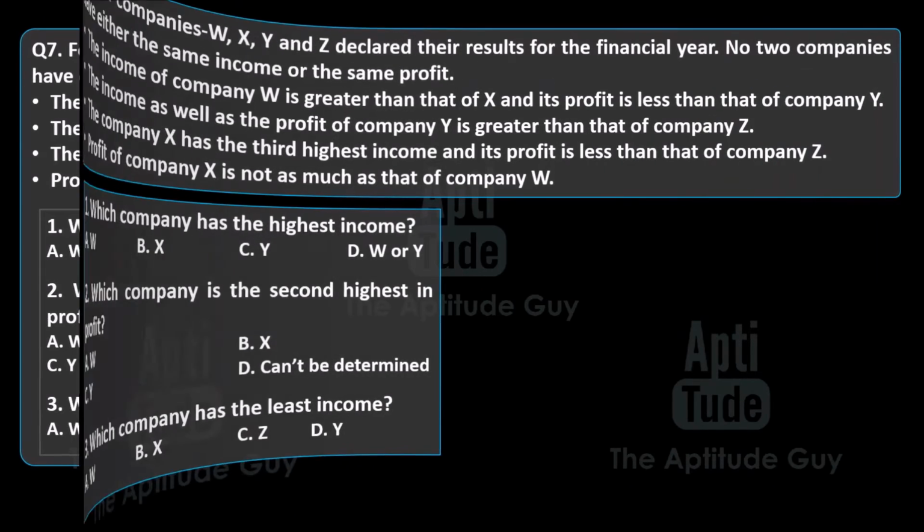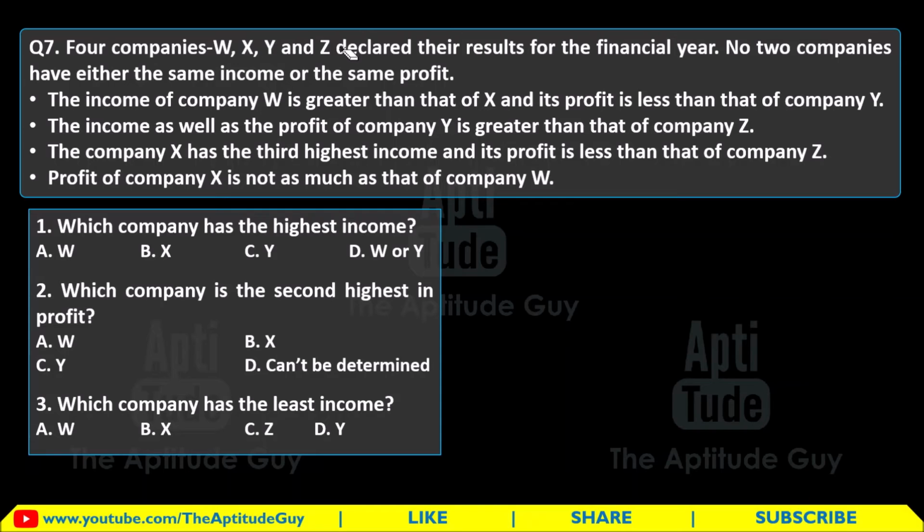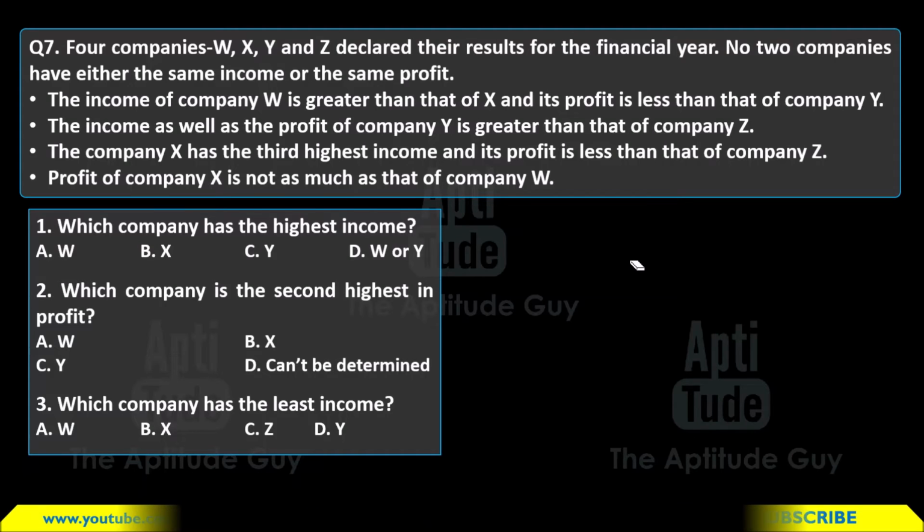All right, let us solve it. So let's write the data first. Now they have mentioned that these 4 companies are there and they have some income and they have some profit. So please don't think that the order over here is simultaneously about income and profit. That is not possible. They basically have 2 different orders over here.